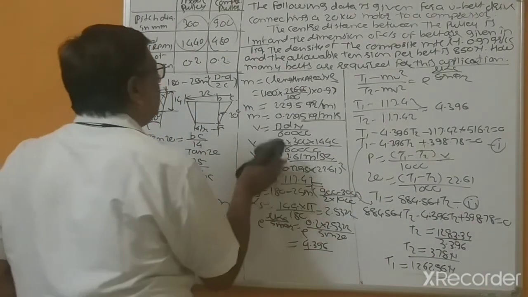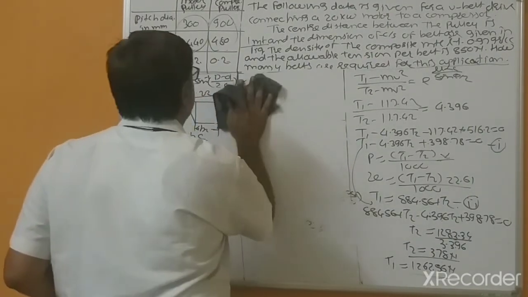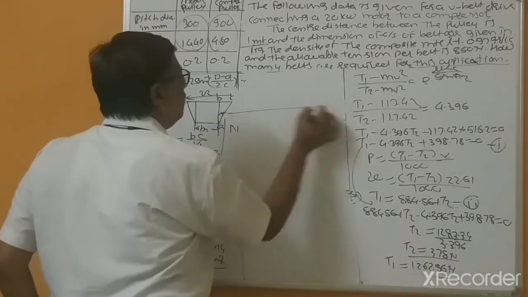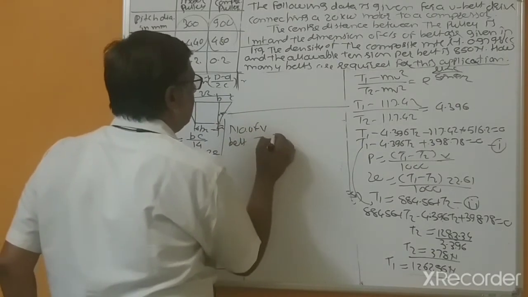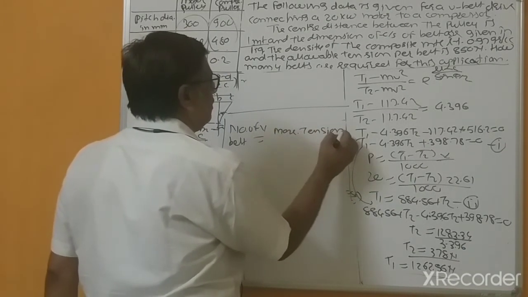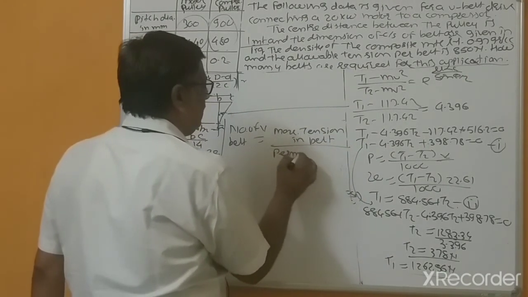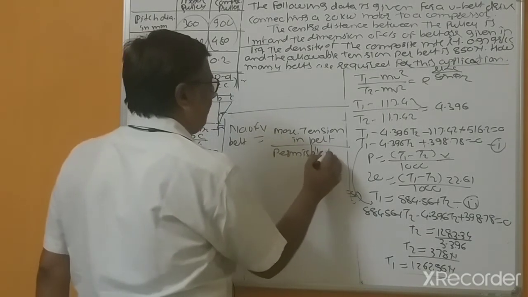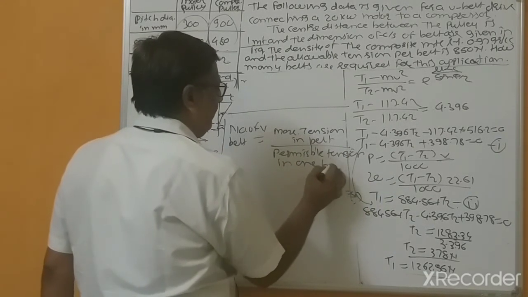So that's why now you can calculate number of V belts equal to maximum tension in belt divided by permissible tension in one belt.